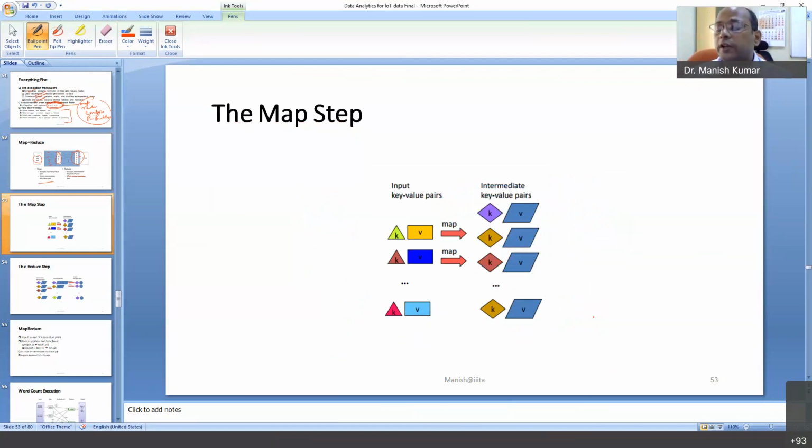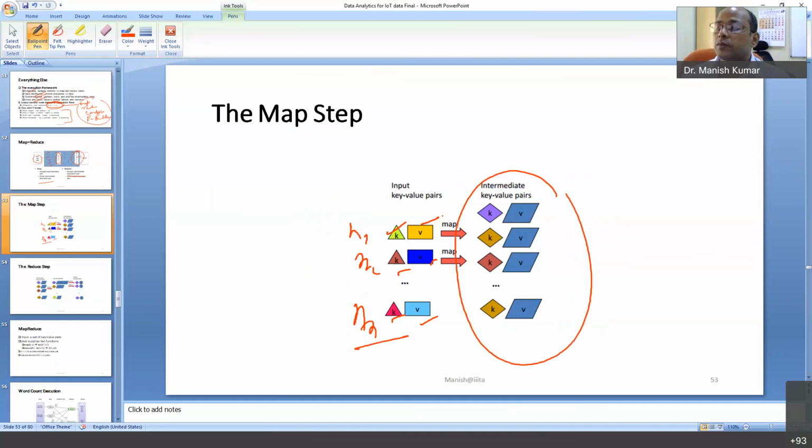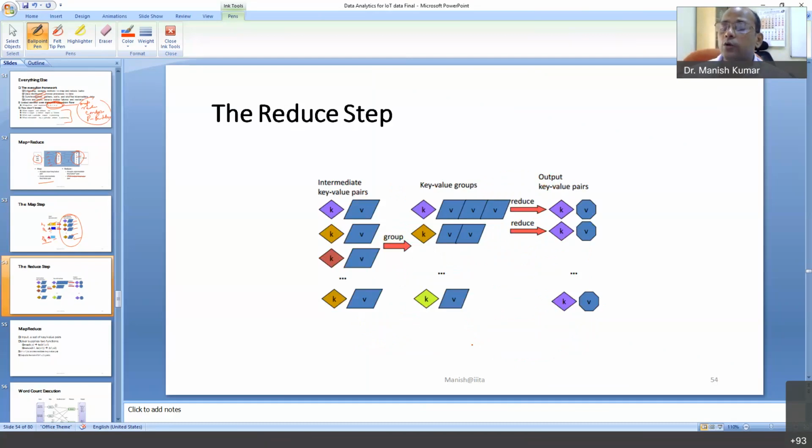So what the mapper does is generate key-value pairs like this. This is node 1, node 2, node n, and obviously these intermediate key-value pairs will be arranged like this. What the reducer does, as I told you, is that for the same key, these are the values across the mappers.